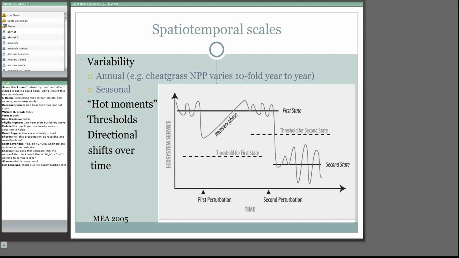So these quote-unquote hot moments, how long do they last? What is the scale at which they last? The thresholds. What is the threshold for, in this case, the first state or the second state, and how important is that? And the directional shifts over time, and how are those fluctuating at these different scales?